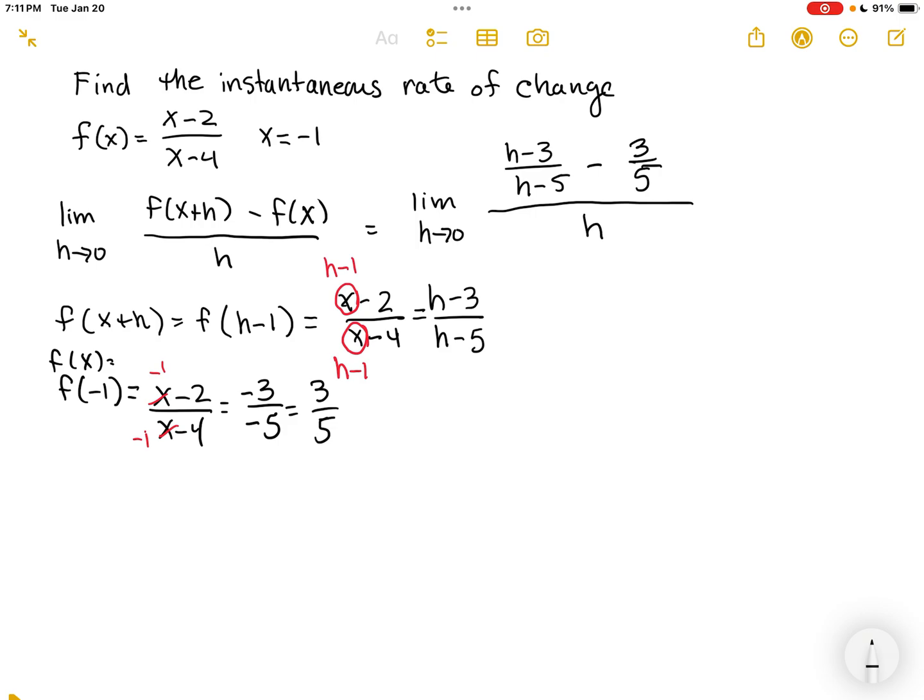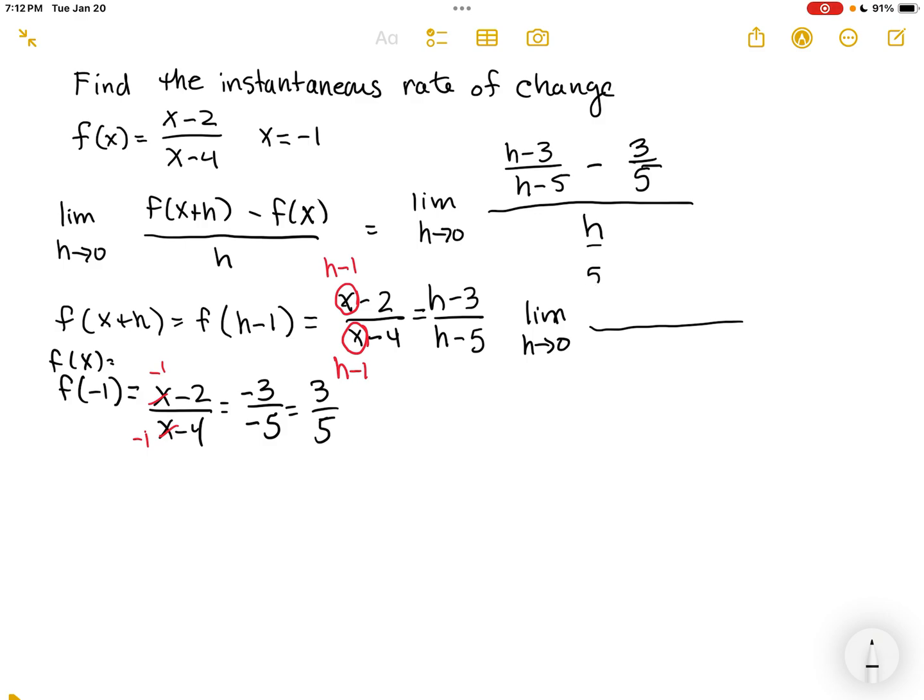In order to find the limit as h goes to 0, I need to substitute 0 in for h, but I can't do it quite yet because I have h right here in the denominator. So I first need to use algebra to rearrange this a little bit. I'm going to create a common denominator in the numerator. I'm going to multiply the top and the bottom of the left fraction by 5.